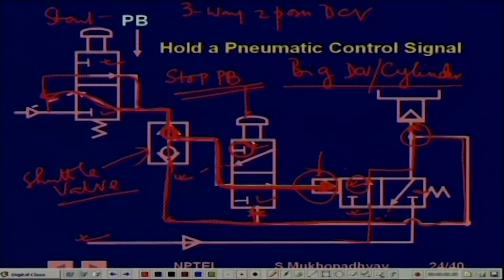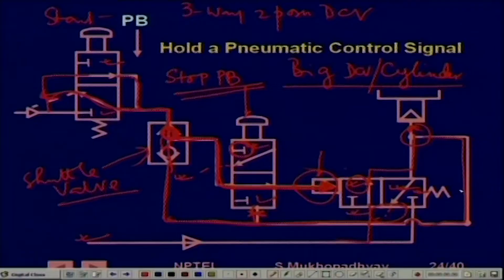This is a normal 3-way 2-position valve. So the pressure will go here and this valve will now shift to this box, which means that this pressure will now drain to exhaust. The moment this pressure drains to exhaust, then this is no longer in this position, but it is free. So now if you again press the start push button, then again this can move here and energize.